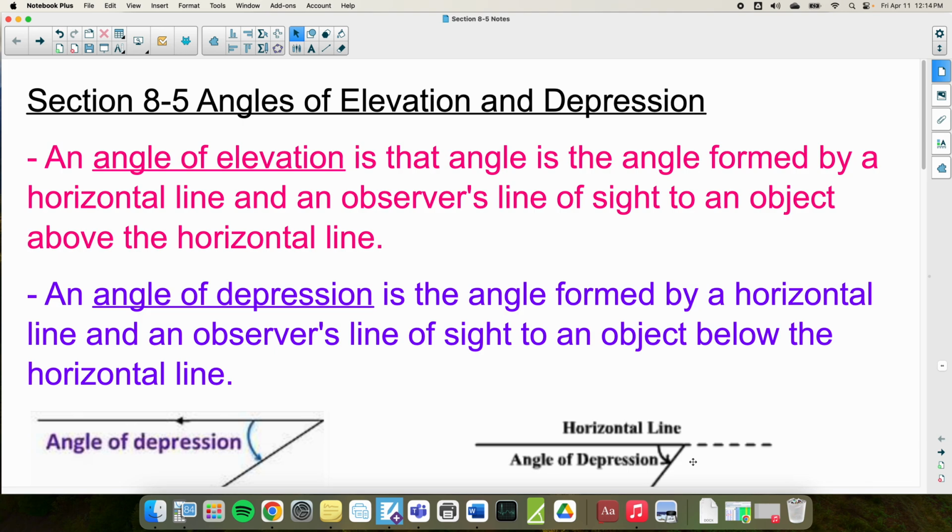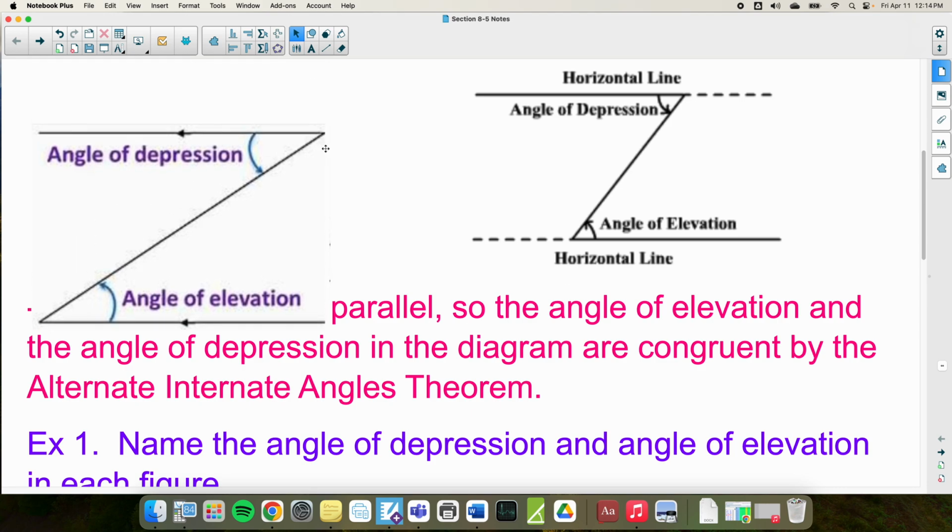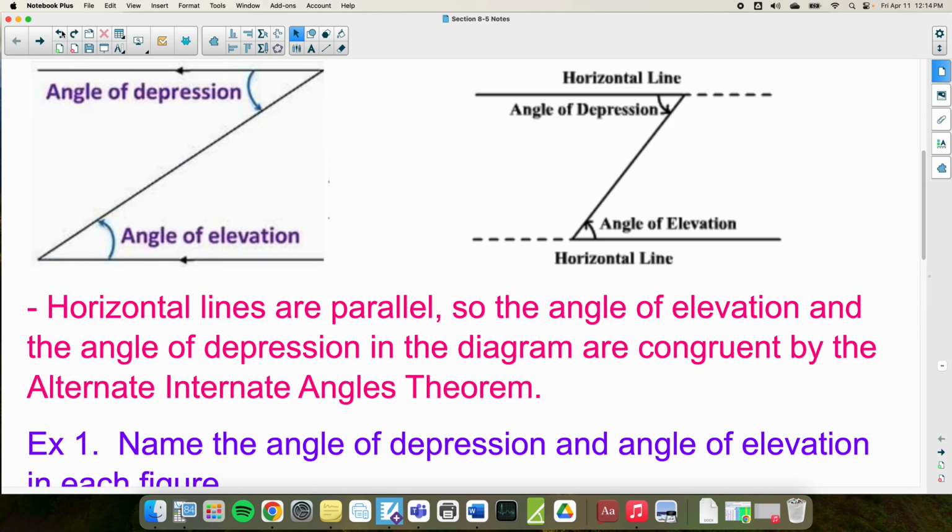If you look up at something, you form this angle of elevation between your line of sight and the sight that goes to that hot air balloon. That angle of elevation is going to be right here in your right triangle. So it would look like this, okay?